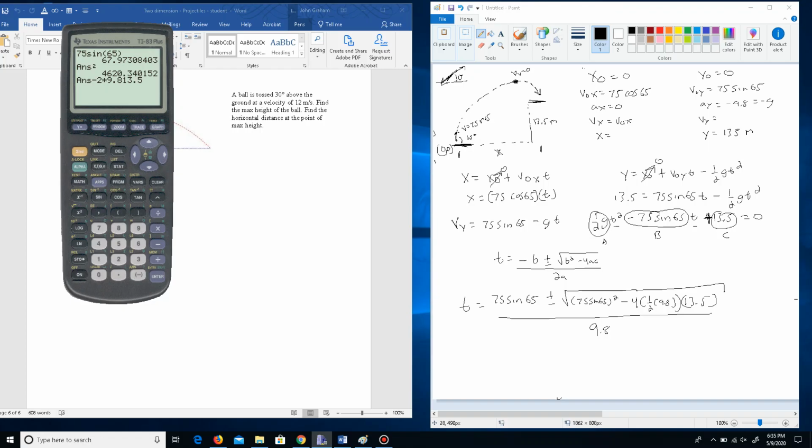I'm supposed to put the times in, 13.5. And so you get that. Take the square root. And that's going to be this answer.